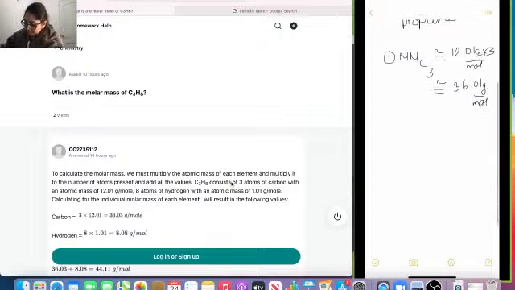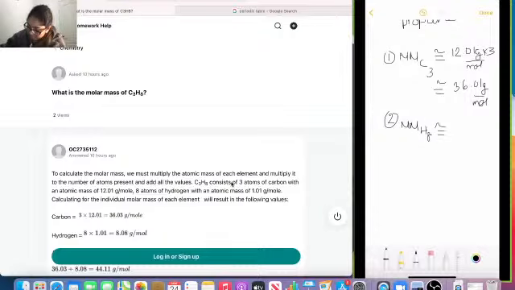Then our second step would be to find the molar mass of hydrogen, and we have 8 hydrogen atoms. The molar mass of hydrogen is 1.01 grams per mole for one hydrogen atom, but since we have 8, we multiply this by 8, and what we get here is approximately 8.08 grams per mole.